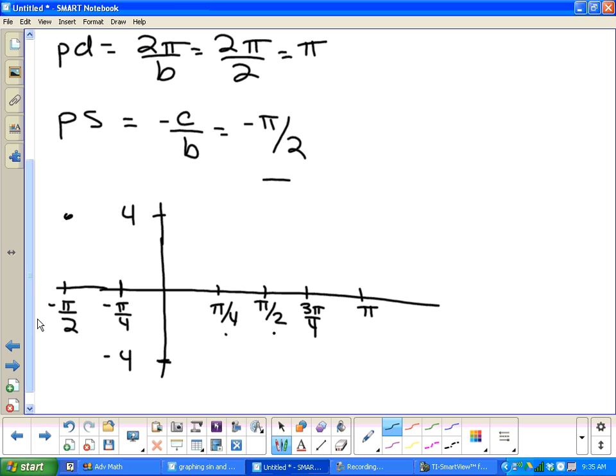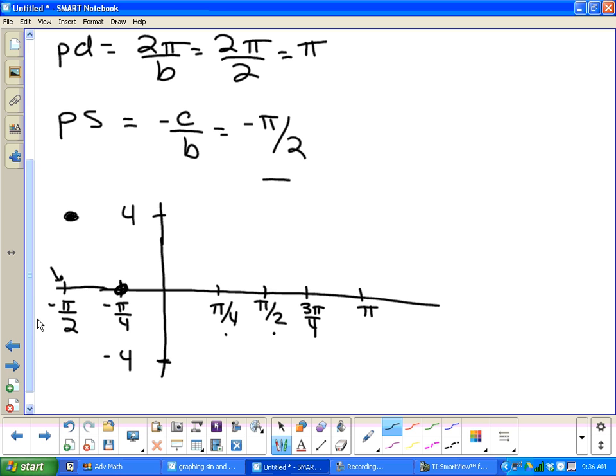So up at 4, though, right? All right. So how come it's not right here that I would like to start? It's cosine. All right. So if it was sine, I'd start right there. Since it was cosine, I'm going to start up right there. If it was negative cosine, we'd start at negative 4. All right. So at negative pi over 2, I'm up at 4. Where am I going to be at negative pi over 4?